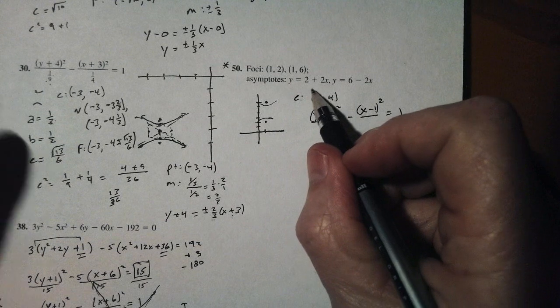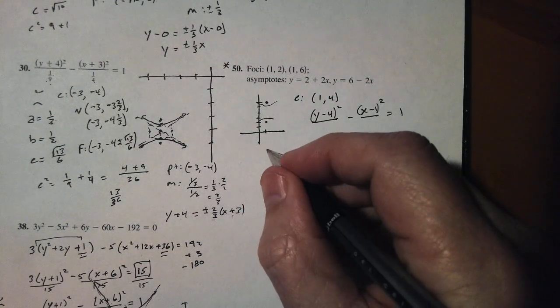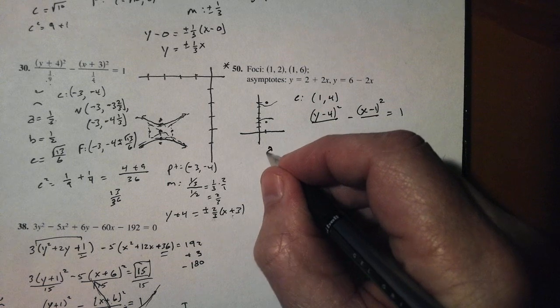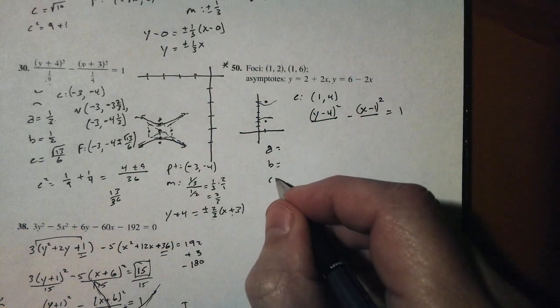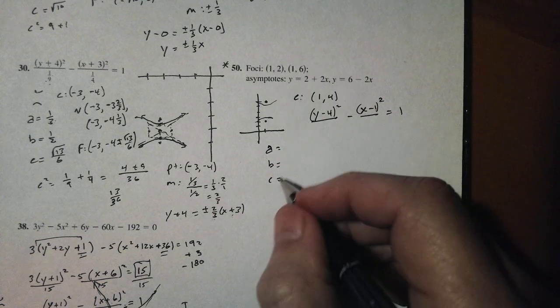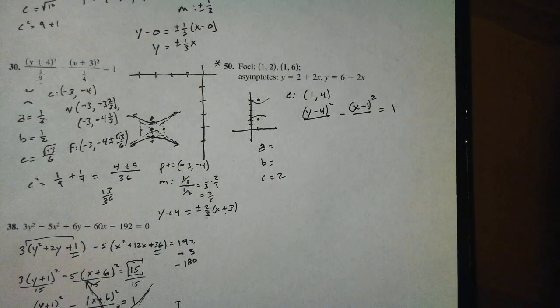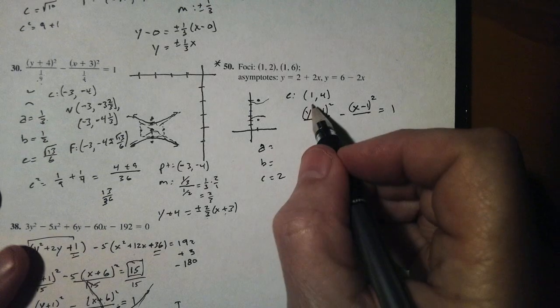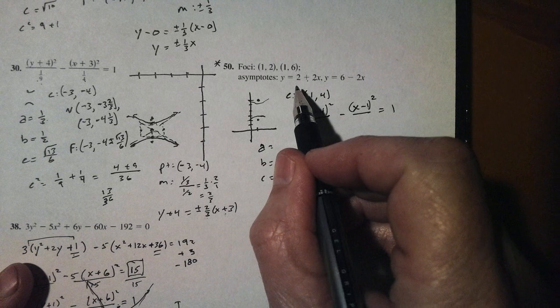And then they give us our asymptotes. Now, because they gave us the foci, we got center. A we don't know, B we don't know yet, but C, at least C we know. It's my least favorite to know. And then they give us the asymptotes, and the asymptotes have a slope of 2.